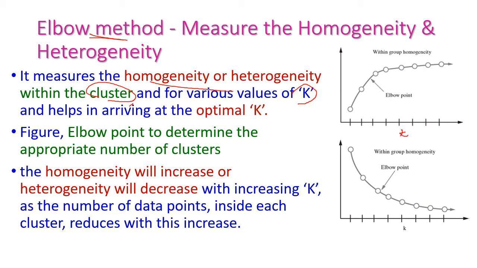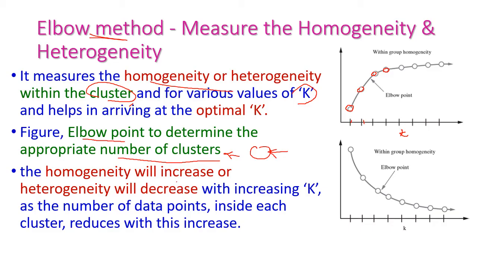So this is the k value. Here we have different k values, so accordingly the point is determined, right? And the elbow point is used to determine the appropriate number of clusters. So however many k there are, that many clusters will be there in the data set, right?